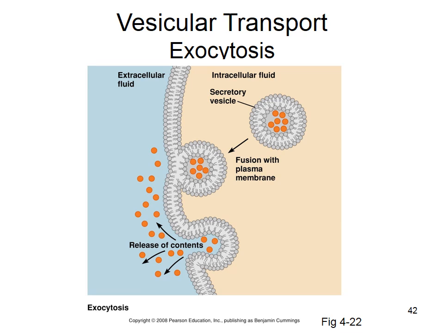Because only water soluble stuff can get wrapped in a membrane and be trapped inside, okay? So we've got neurotransmitters. Think of these little orange circles as neurotransmitter, right? These secretory vesicles fuse with the plasma membrane and then open to the extracellular side and release their contents.